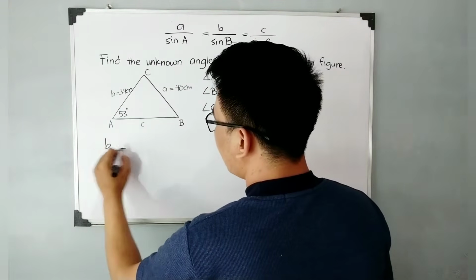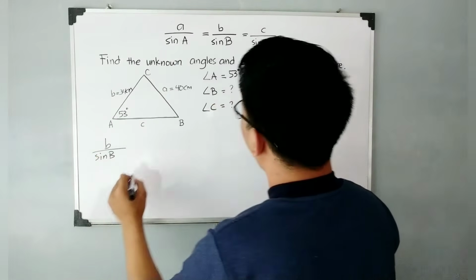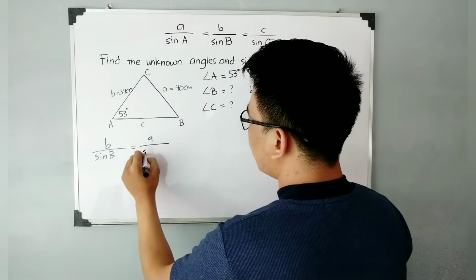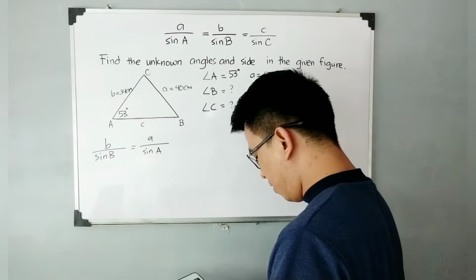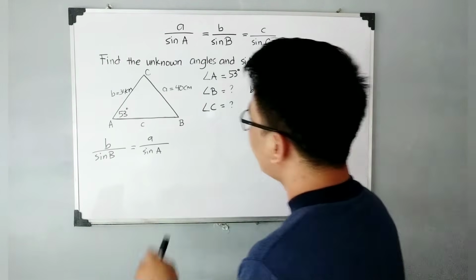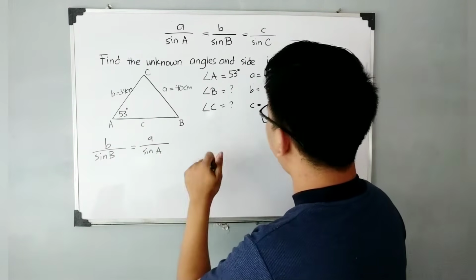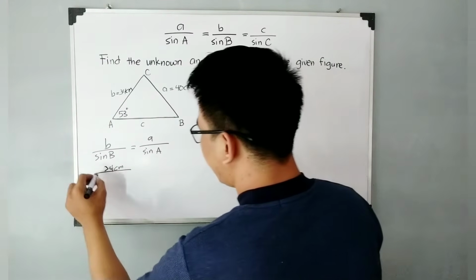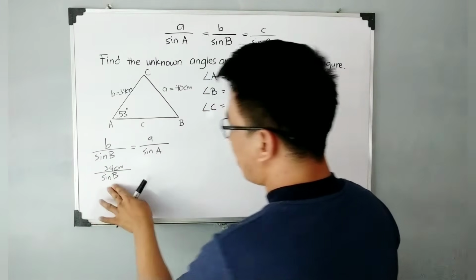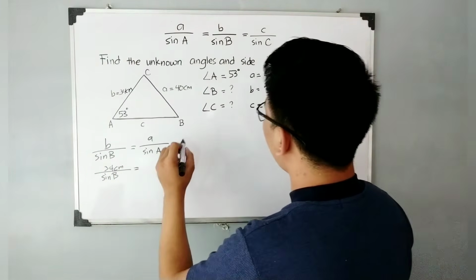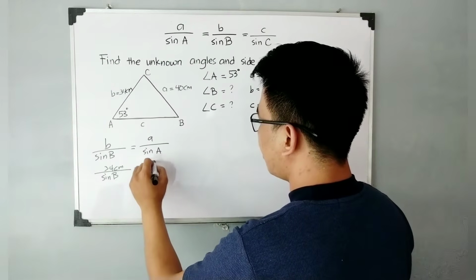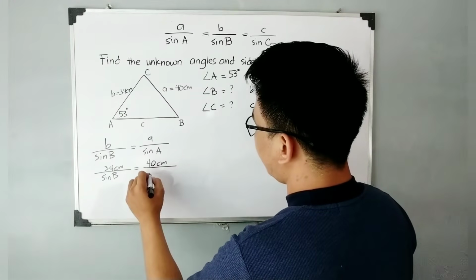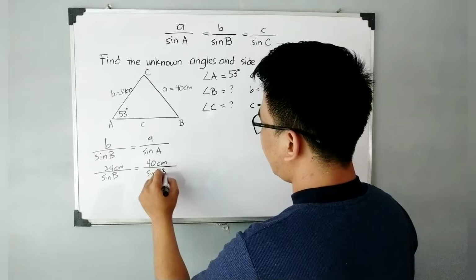You have B over sine B. And, since kompleto yung A natin, we will be using also A over sine A. So, using your given measurements, yung B mo is 34 centimeters over your sine B. Wala tayong papalit dito kasi wala pa siyang value. Is equal to your A, which is 40 centimeters, over sine of your angle A, 53 degrees.